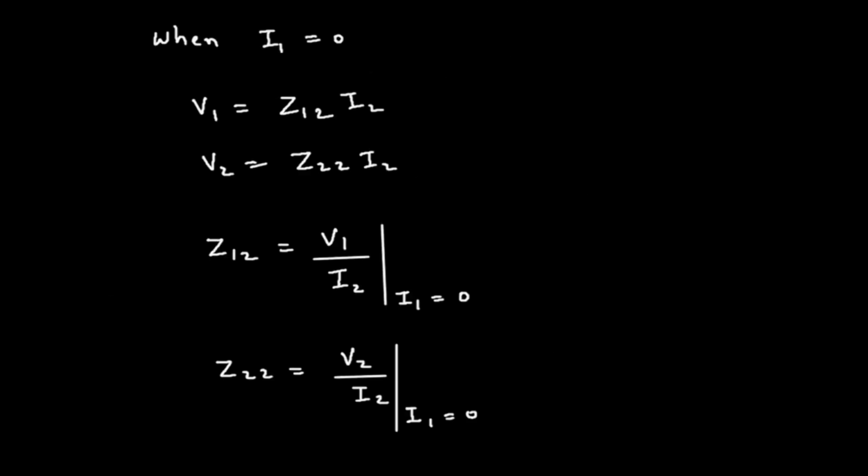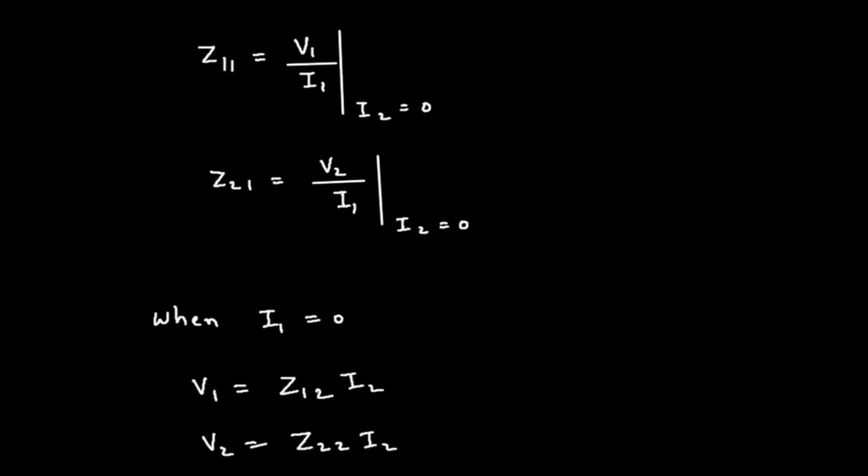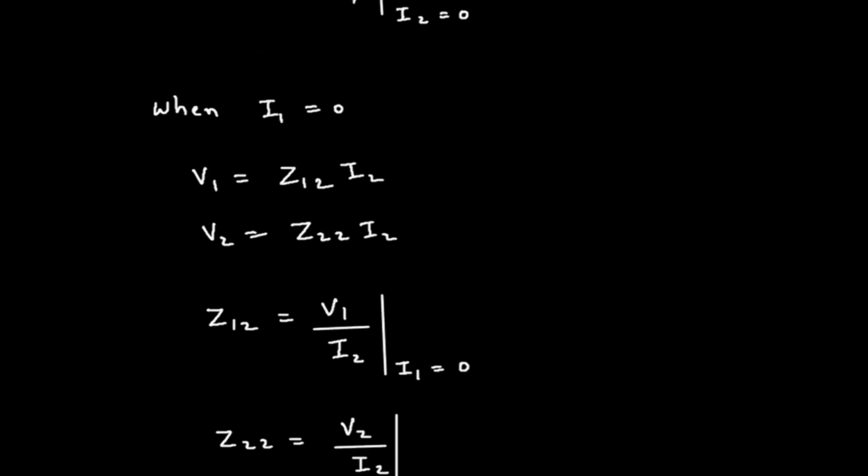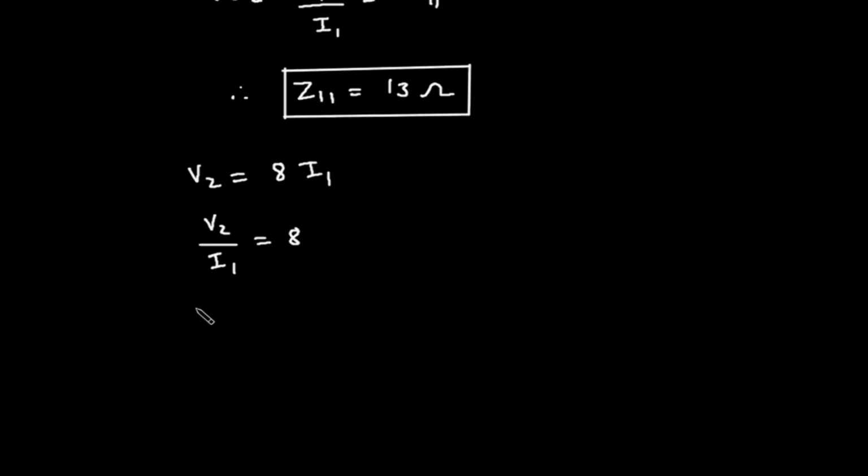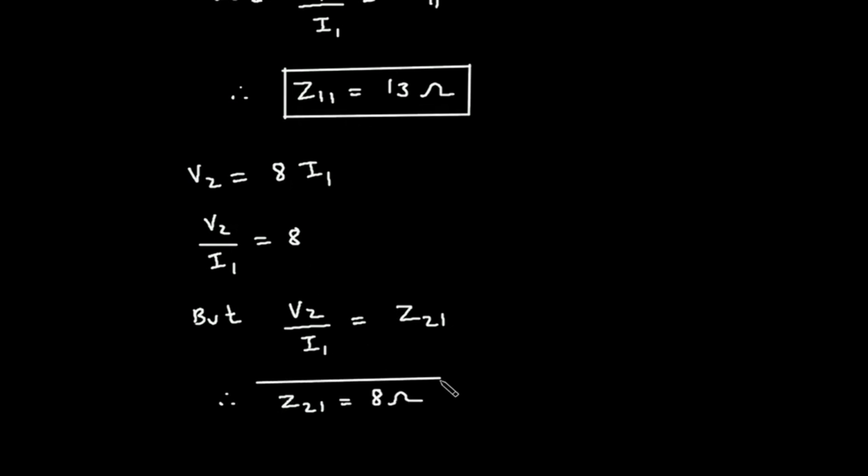Also we can see V2 divided by I1 is Z21. So therefore Z21 is equal to 8 ohm. So this is the value of Z21.